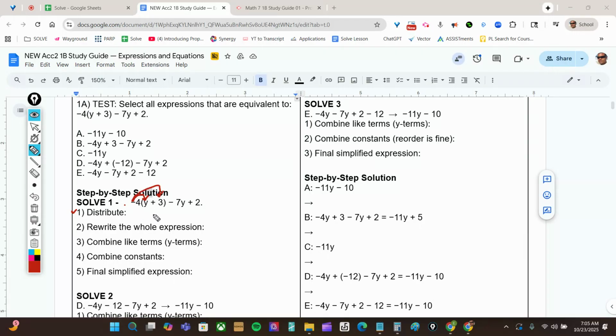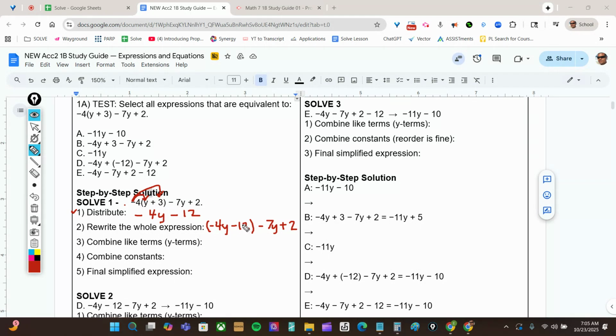If we distribute, we're going to get negative 4y minus 12. Okay, so then we're going to rewrite the expression: negative 4y minus 12 minus 7y plus 2.